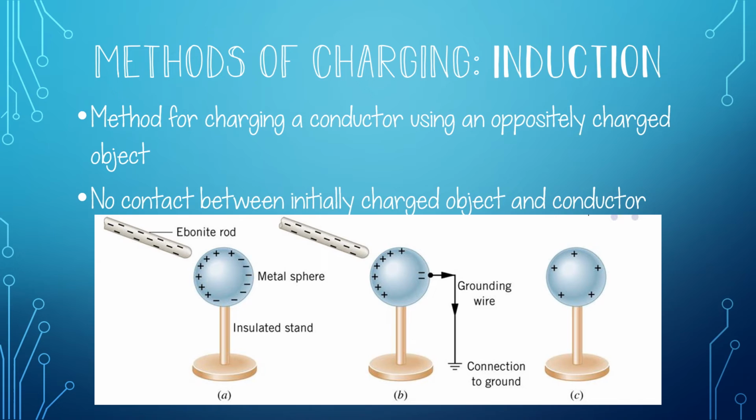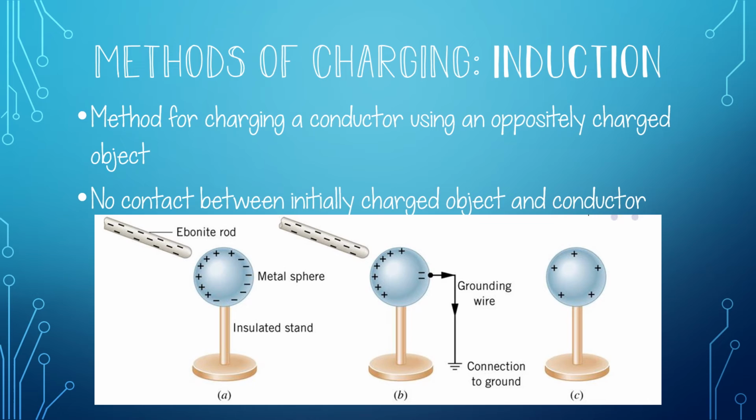In this case, those electrons want to get as far away from my negatively charged rod as possible. So they'll travel through the grounding wire to the ground. Then the next crucial step is to remove the connection to the ground while my negative rod is still near my metal sphere. Once I've removed the connection to the ground, I can remove that negatively charged rod, and you'll see that I'm left with a positively charged conductor.